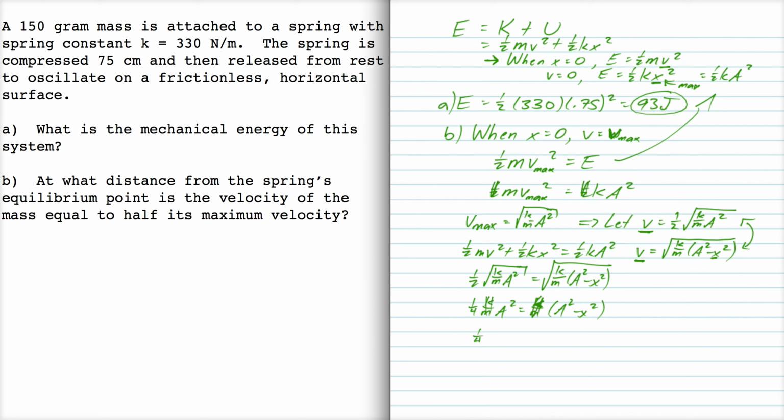So I'm left with 1/4 a squared is equal to a squared minus x squared. And if I group my like terms, I get x squared is equal to 3/4 a squared, or x is equal to the square root of 3/4 times a, which is 0.866 a. And that is 0.65 meters. So there's the answer.